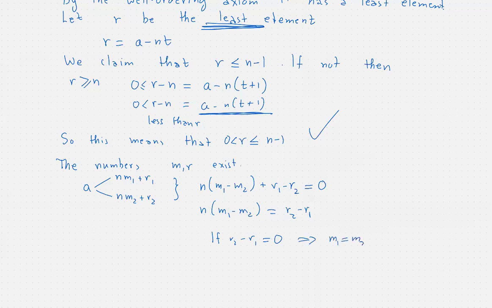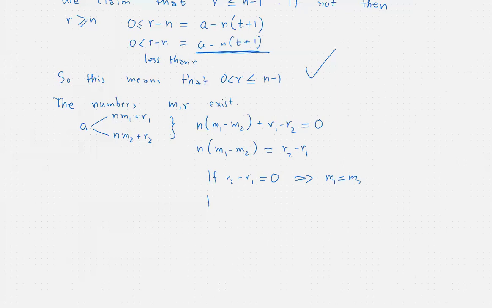So now if R2 minus R1 is greater than 0, and I'm saying you can take it to be greater than 0 because if it goes less than 0, then you can just reverse the roles of M1 and M2 and of R1 and R2.